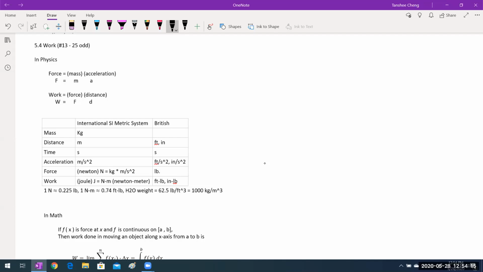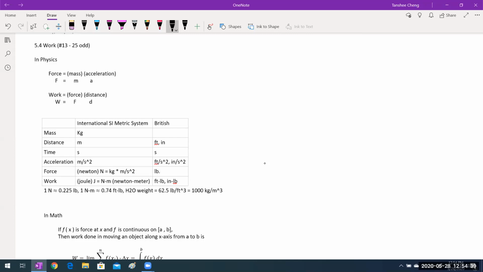And work is force times distance, which is going to be Newton meter. That uses a new unit called the joule. But in the British system, it will just be foot-pound and inch-pound. So those are the units that you need to know.